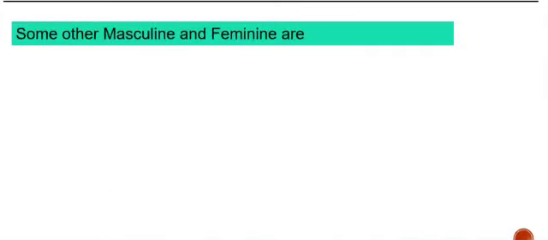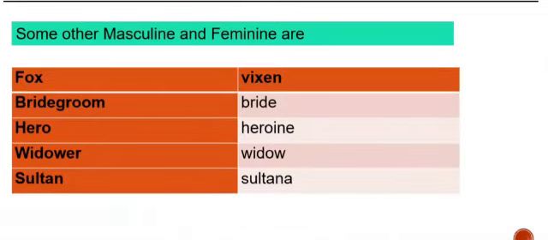Some other masculine and feminine are fox, vixen, bridegroom, bride, hero, heroine, widower, widow, sultan, sultana. Here, the masculine are fox, bridegroom, hero, widower, sultan, and the feminine are vixen, bride, heroine, widow, and sultana.